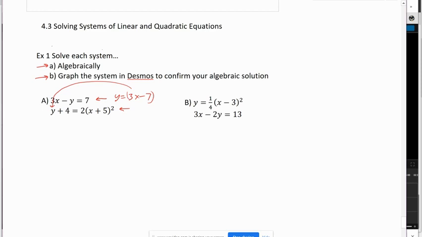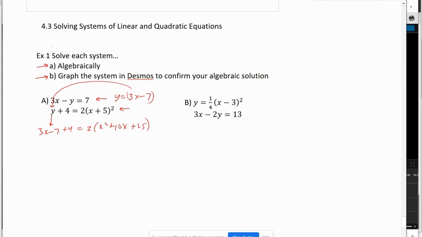That's true for most of these systems of linear and quadratic equations. If we have one line, we want to substitute in for either x or y in the other equation. So here I have 3x minus 7 in place of that y, plus 4 equals 2 times, if I expand this, x squared plus 10x plus 25.